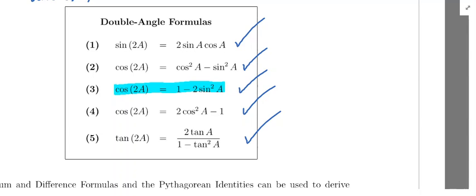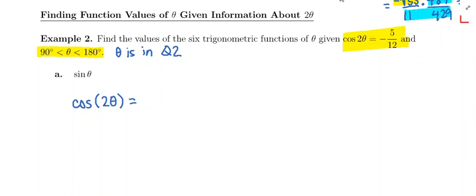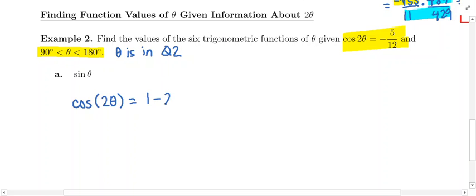So I'm going to come back to where I was working, on page 3. And I'm going to write down the double angle formula in number 3. So the cosine of 2 theta is equal to 1 minus 2 times the sine squared of theta. Why did I pick that?